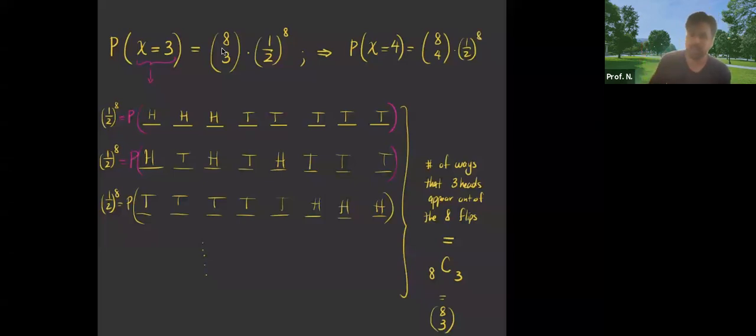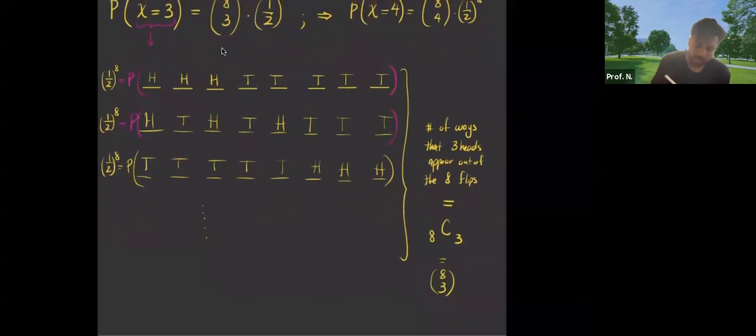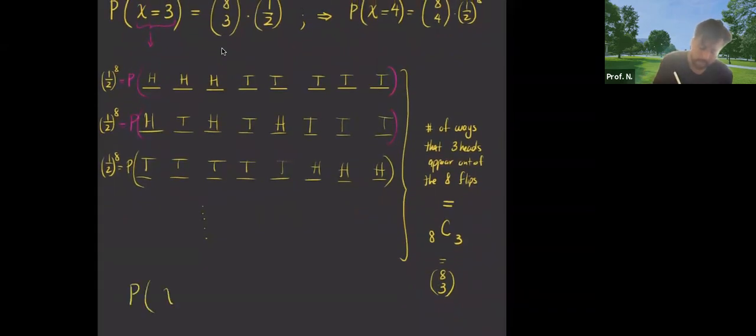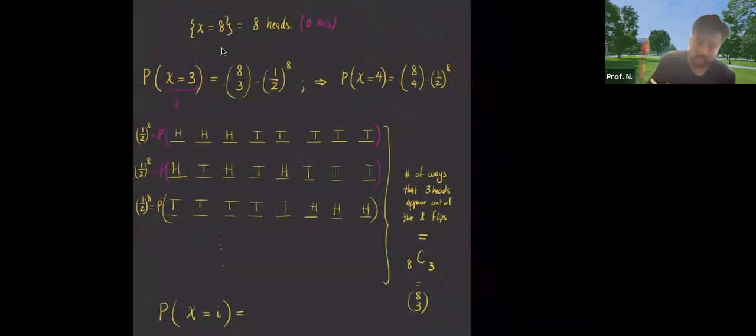You see how we can generalize this now? So what's the probability that my random variable equals I? As you can tell, what's the only thing that changes? The probabilities of each of these events are all the same. They're equally likely.